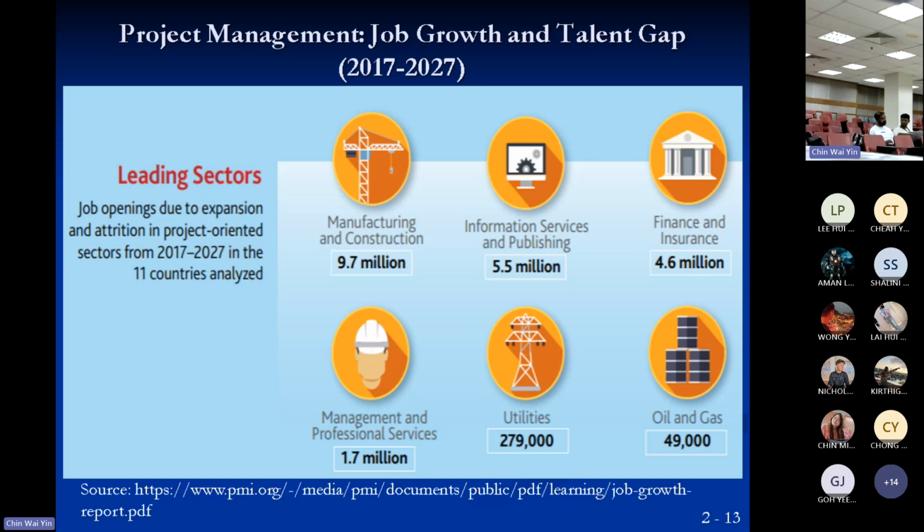For example, manufacturing has 9.7 million openings, information service and publishing 5.5 million, and so on. So they need project managers, because companies always undertake projects. So these are the job openings that they might need.